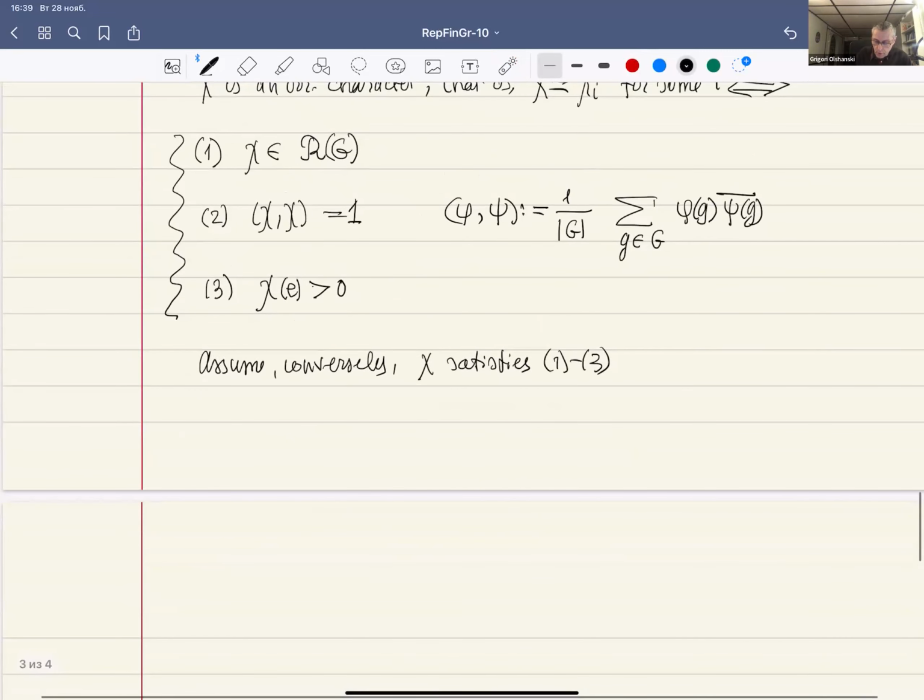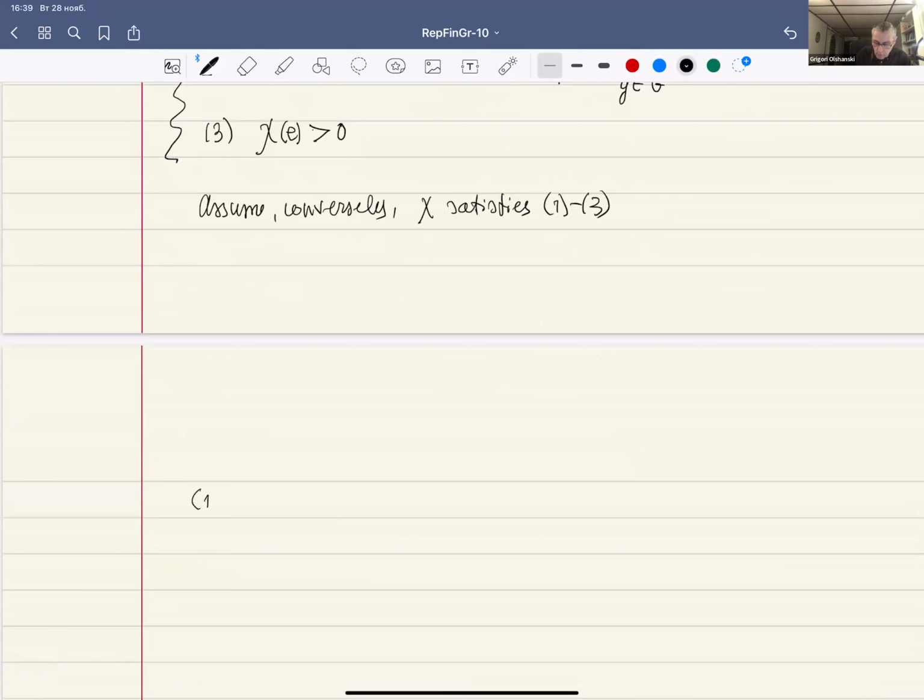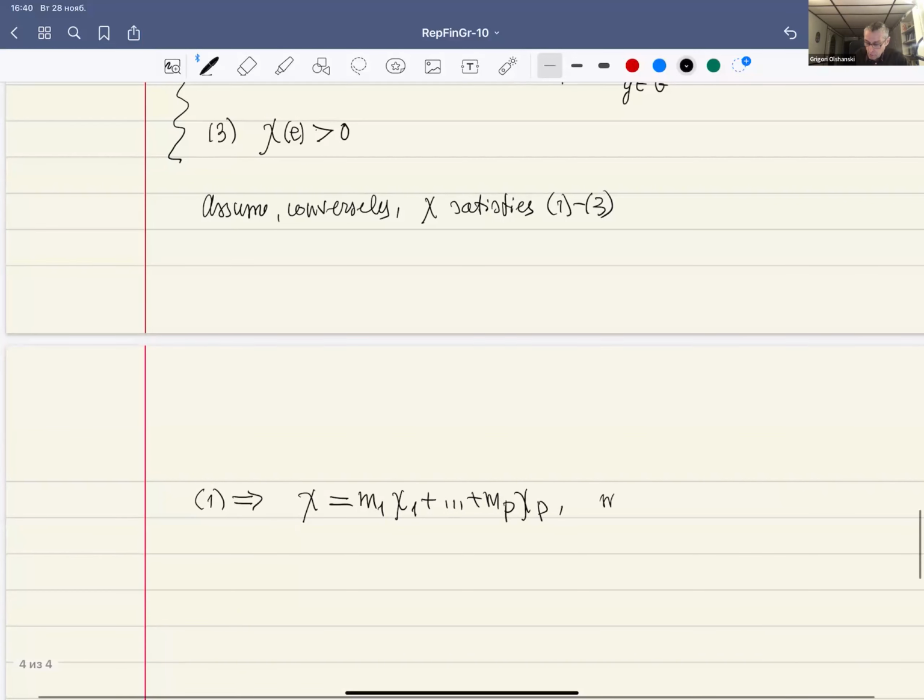Condition 1 means that our function should be of this form with some coefficients which are integers by the very definition.